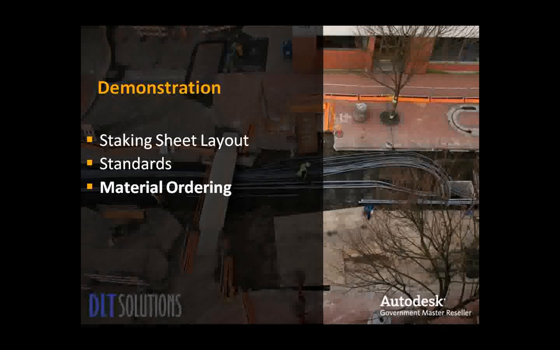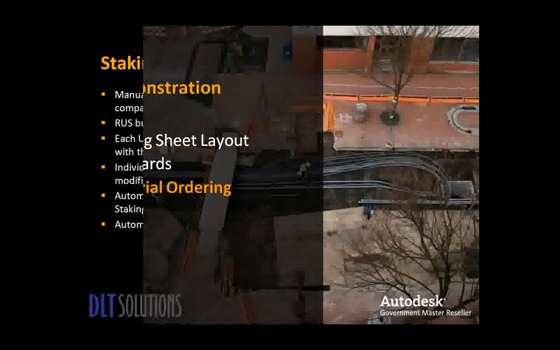We've started looking at our RUS construction standards, and how the standards can be configured to conform to my specific needs for my utility. But at the end of the day, somebody somewhere along the line has got to order materials in order to put this project together. So without further ado, Walt, can you take us through the material ordering section?